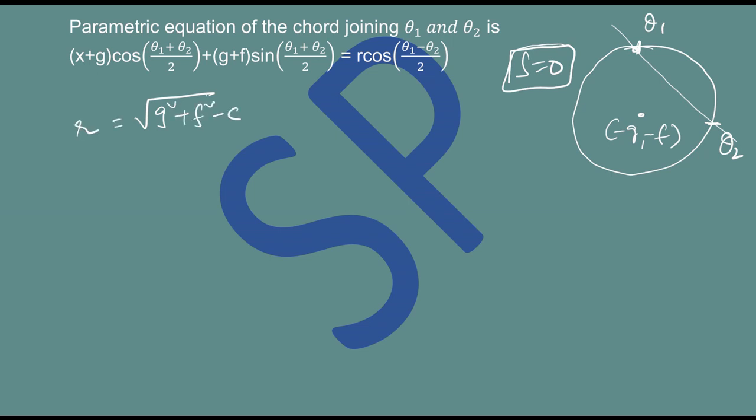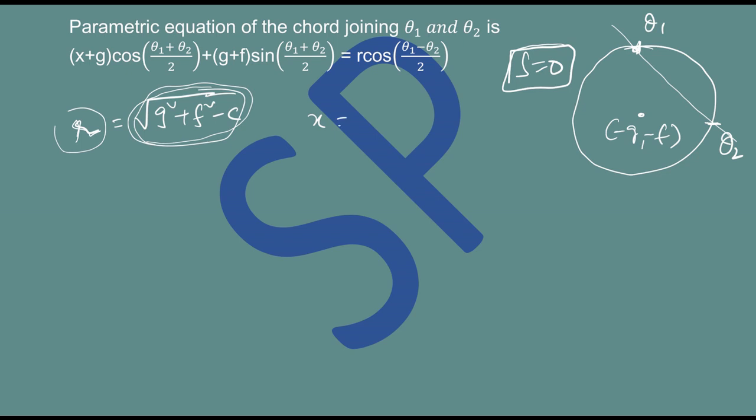Let us call this r for fun. I am not going to use this full expression; wherever I have to write this, I am simply going to write only r there. So with this center and radius, we can write the parametric equations of the circle.